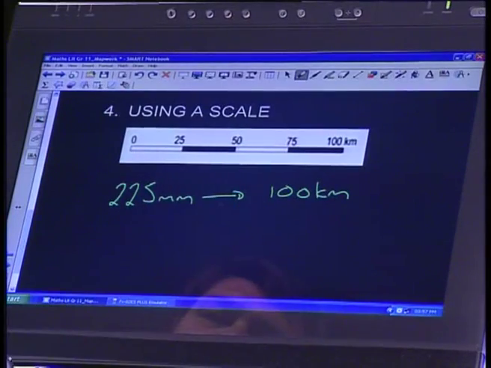Okay, here is the biggest hint I can give you. Always, before you even start the question, before you even go further in the question, always write down what number represents the distance on the map, and what number represents the distance in real life. So let's have a look. We've got 225 millimeters and 100 kilometers.